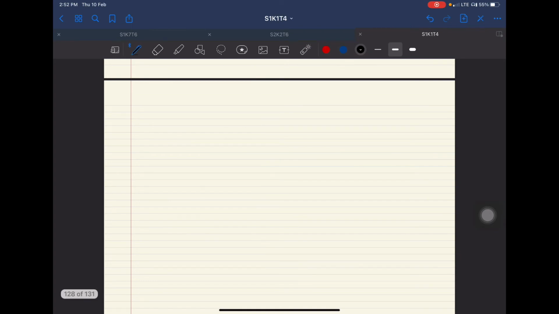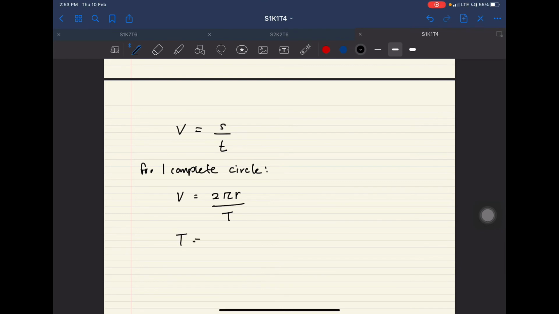In terms of period, if you still remember chapter 2 last semester, V equals, sorry, maybe I skipped one step, V is equal to displacement over time. If you are talking about one complete circular motion, I can write V equals 2 pi r, because s is equal to 2 pi r, over period T. Now I can rearrange in terms of T, which is equal to 2 pi r over v.